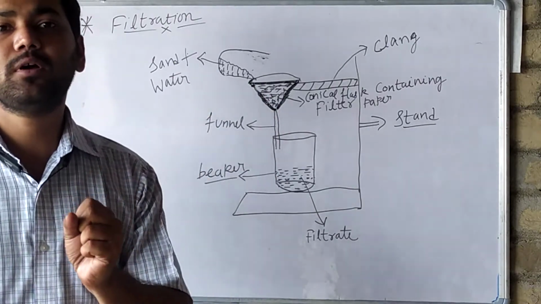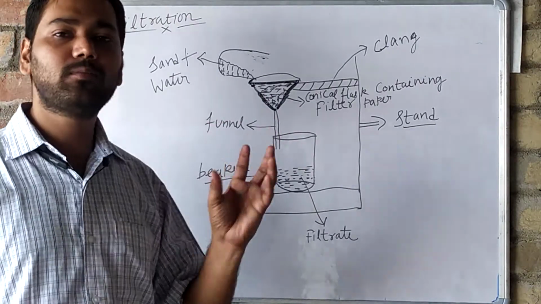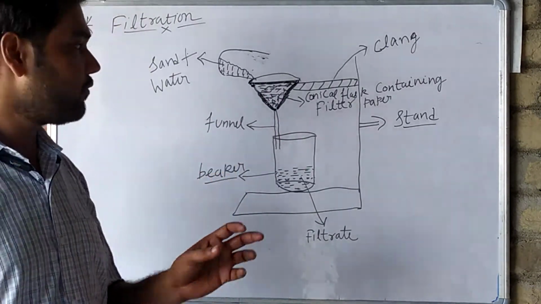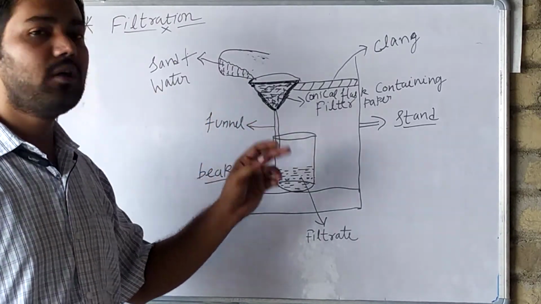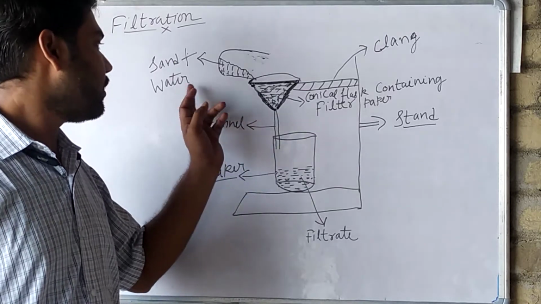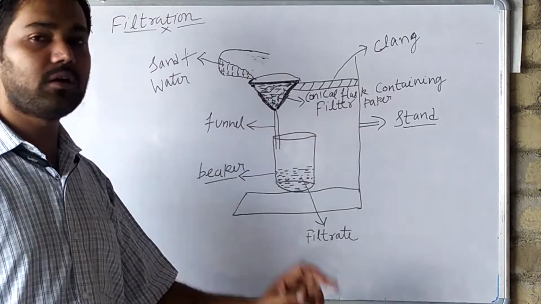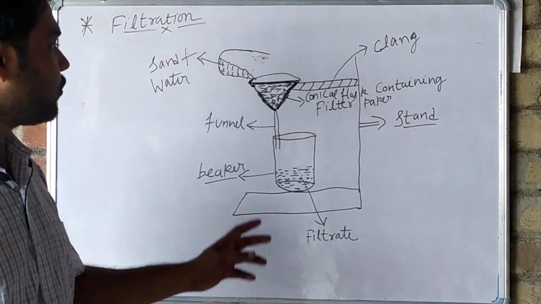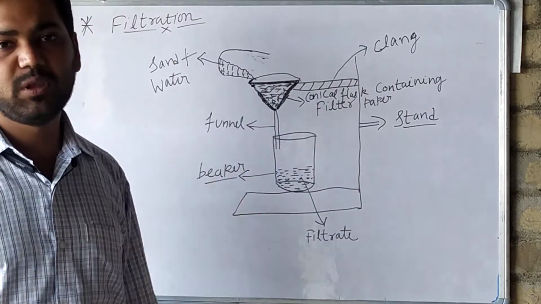The filter paper will absorb those sand particles, and the water will separate out and flow through the funnel to the beaker.